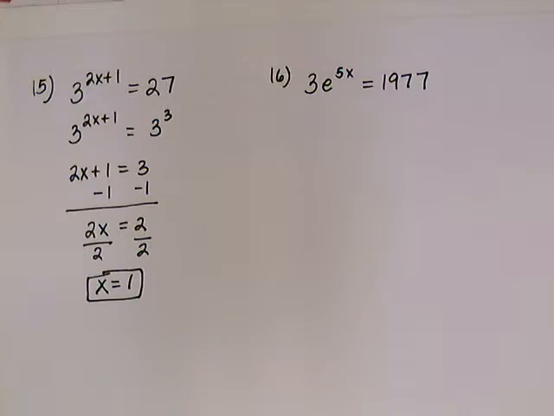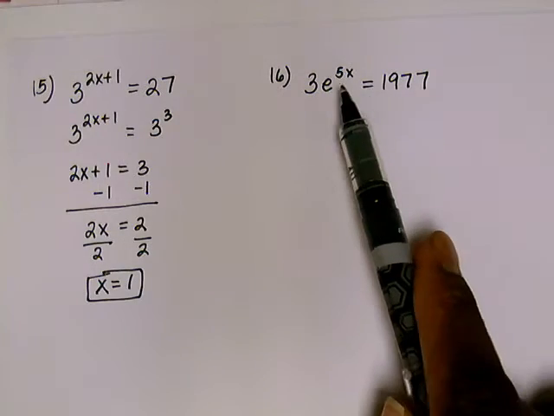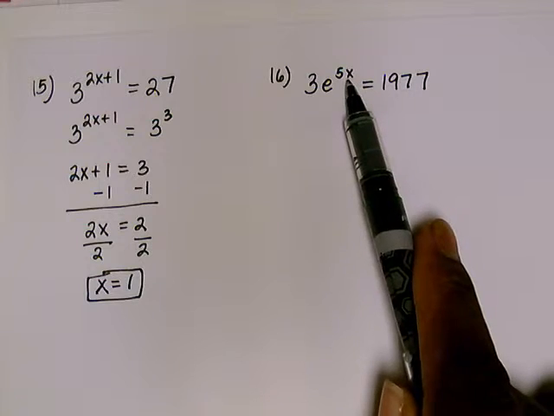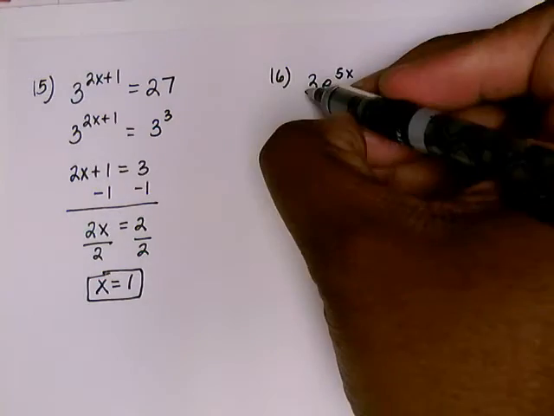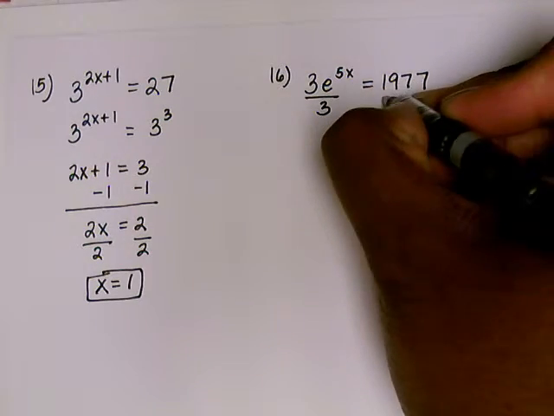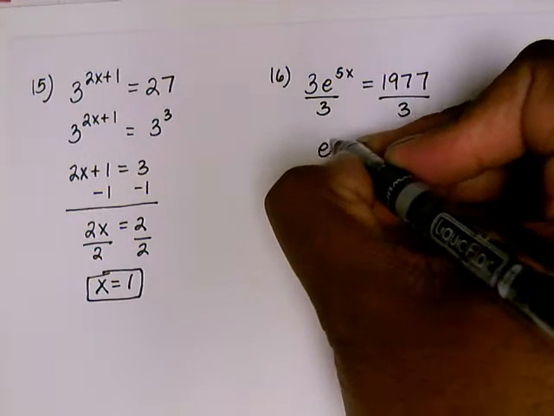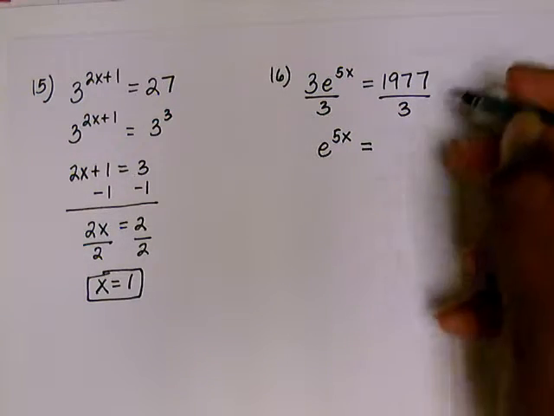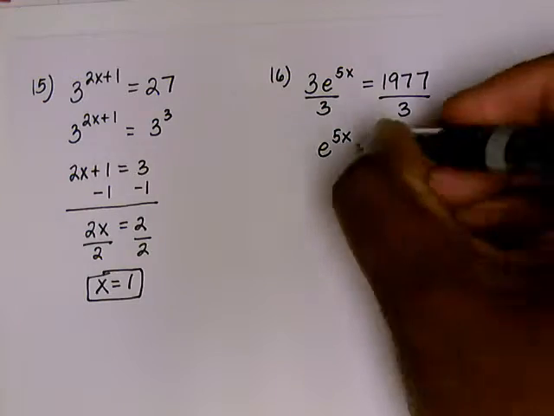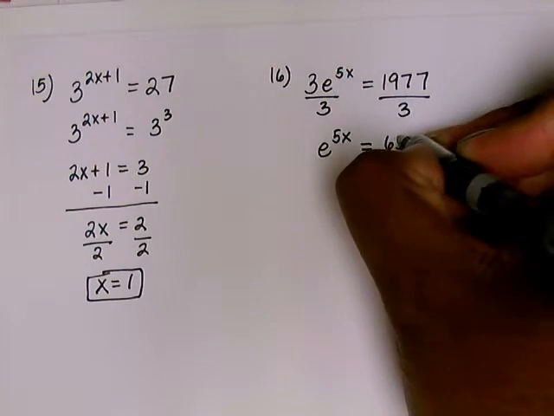Well, the first thing we need to do to solve this equation is to get that e to the 5x by itself. We're multiplying it by 3, so let's go ahead and divide both sides by 3. So I'm going to have e to the 5x, and that's equal to 1977 divided by 3, which will give me 659.